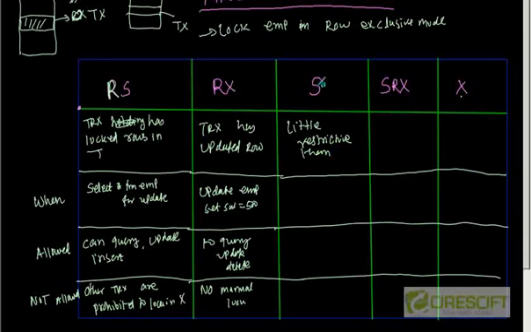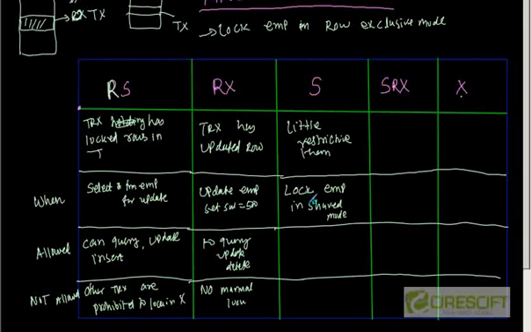Even though it says shared, it's more restrictive than RS and RX locks. Whenever one transaction gives a statement like lock EMP in shared mode, the table will be locked in share mode.